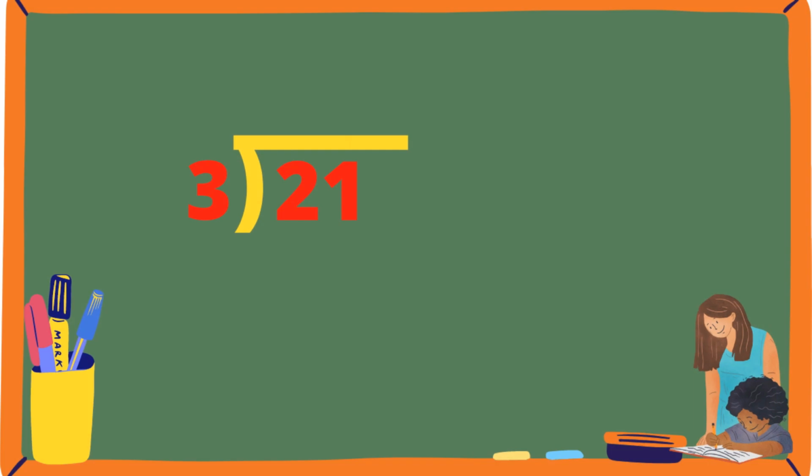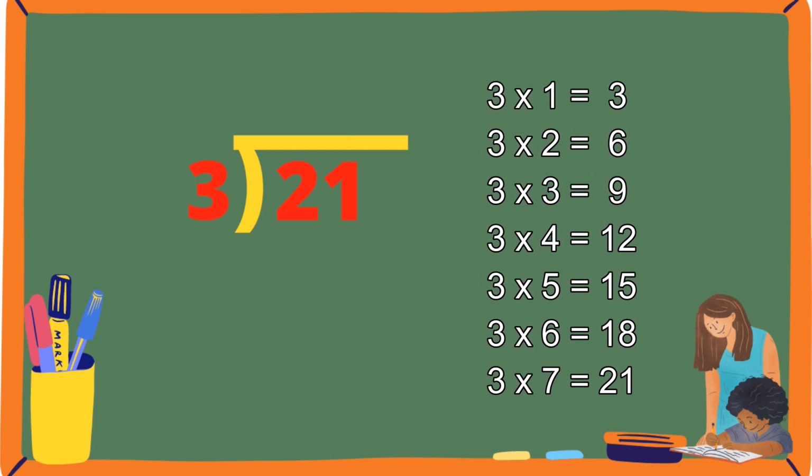Step 1. Recall the table of 3 to find the answer or the quotient. 3 ones are 3, 3 twos are 6, 3 threes are 9, 3 fours are 12, 3 fives are 15, 3 sixes are 18, 3 sevens are 21.